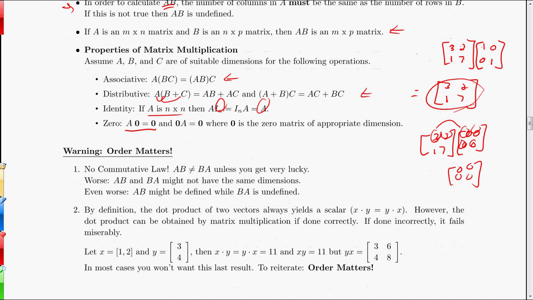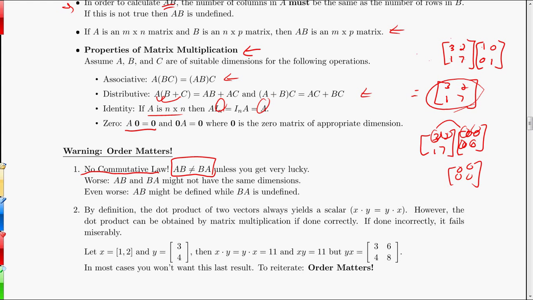Here's the big one that is missing. All right, what is missing from these properties of matrix multiplication? There is no commutative law. That means AB does not necessarily equal BA. You might get very lucky in some cases, specifically if one of them happens to be the identity matrix, but generally it won't happen.